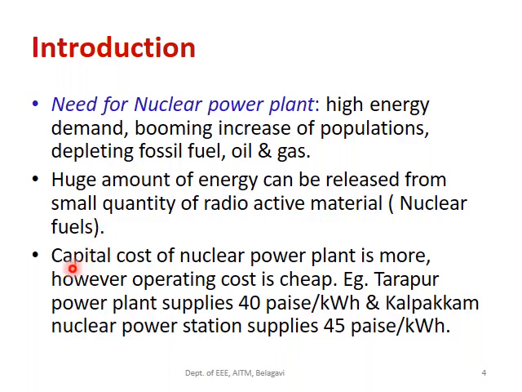The capital cost of a nuclear power plant is more, but the operating cost is much cheaper compared to the remaining power plants. For example, let us consider two examples: the Tarapur power plant, which supplies at 40 paisa per kilowatt hour, and the Kalpakkam nuclear power station, which supplies at around 45.